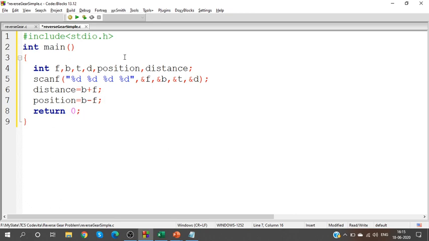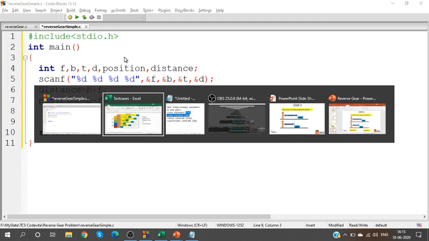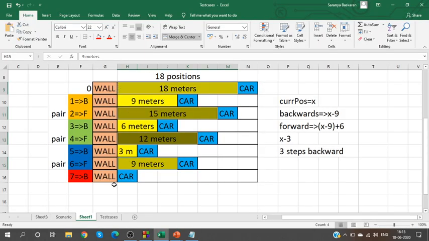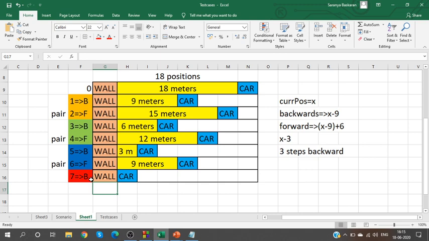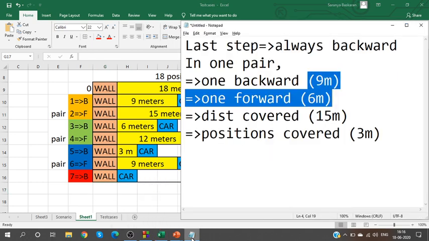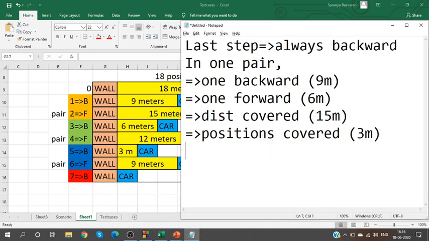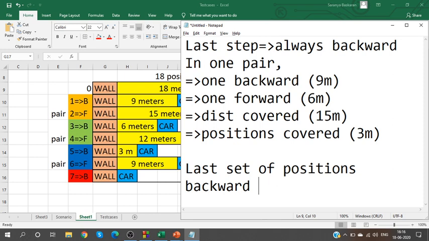Now, in each position, if I give you some data, the last set will always be a backward movement. I told you already. The last set of positions is definitely backward movement.